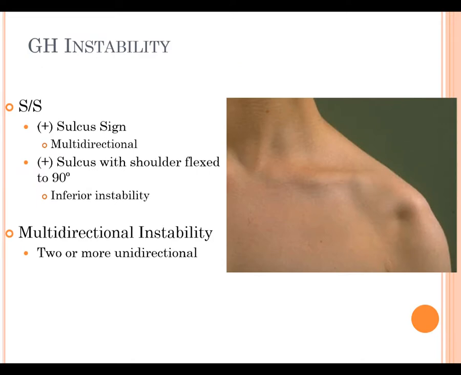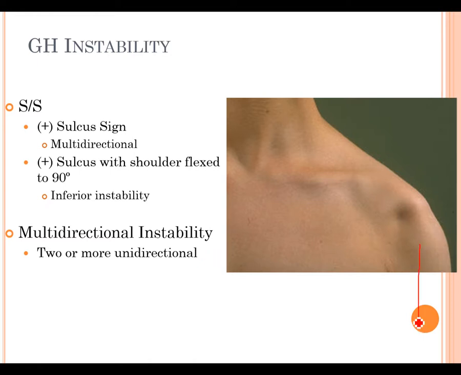Then we just kind of have general tests for glenohumeral instability or glenohumeral laxity. We have our anterior apprehension specifically for injury to the anterior side, our posterior apprehension specifically for injury to the posterior capsule. Then we just have kind of general tests. We have a sulcus sign. We've talked about this one in lab, but all you do is apply traction to the arm.